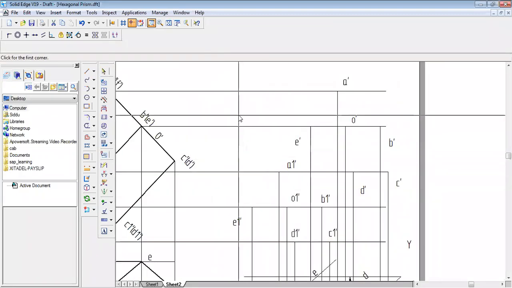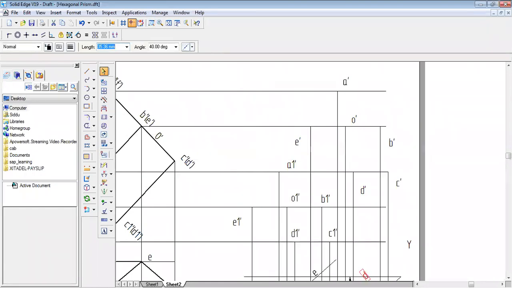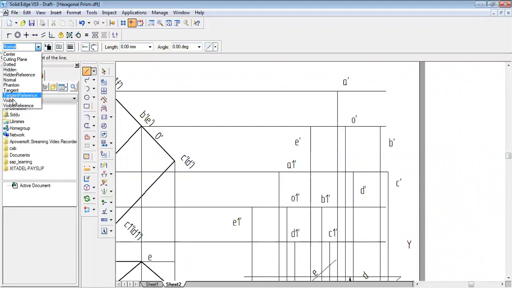Now identify all the outermost boundary points and connect them with a thick line.